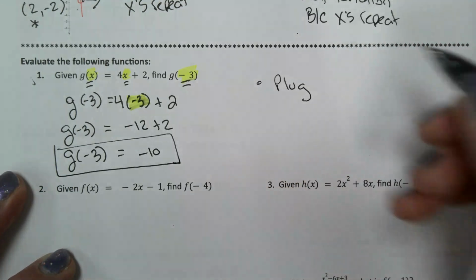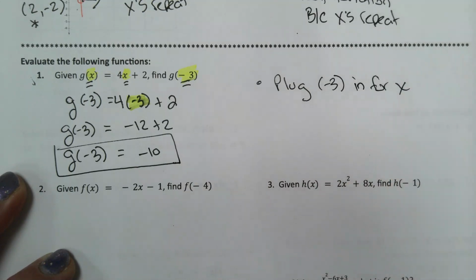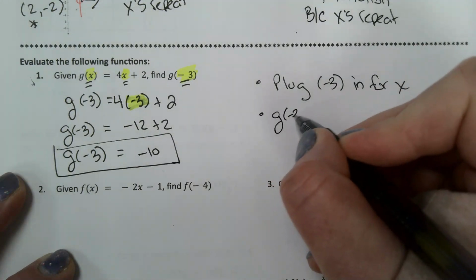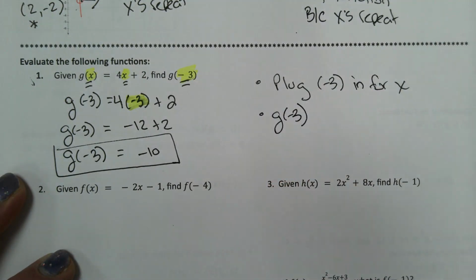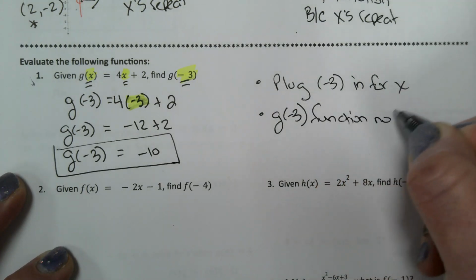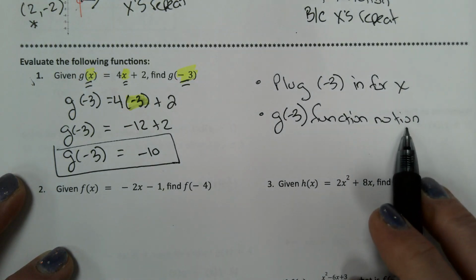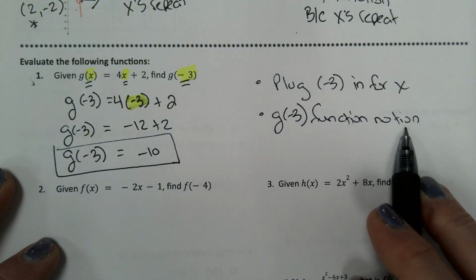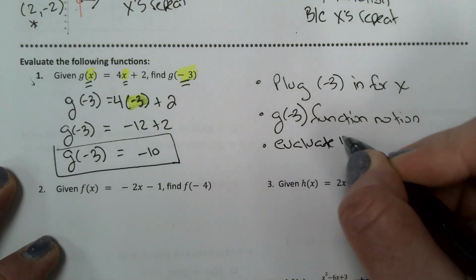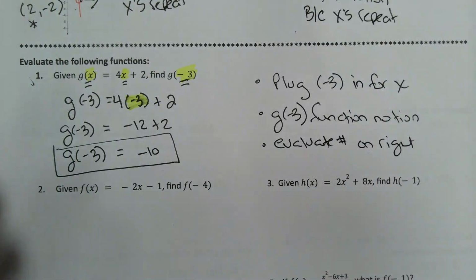You had to plug -3 in for the x. g of -3 is what we call function notation. It is not multiplication. Anyway, keep it going. And then you evaluate the number on the right.